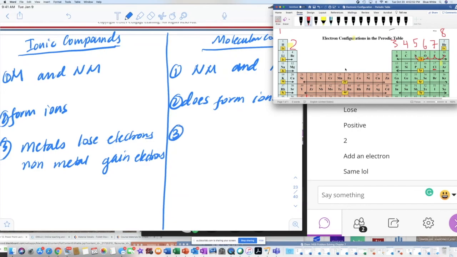So, metals lose electrons, non-metals gain electrons. Here, there are no metals and non-metals, so non-metals share electrons to form bonds.